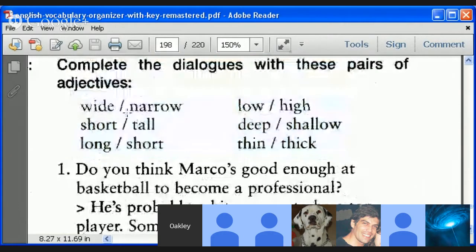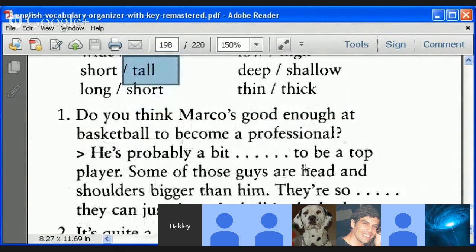Okay. They're so tall. Now, we just don't normally refer to human beings as long. A snake can be long, sure, but a human is tall. There's another interesting phrase, head and shoulders bigger than him. I do want to point out that this also has an idiomatic meaning.